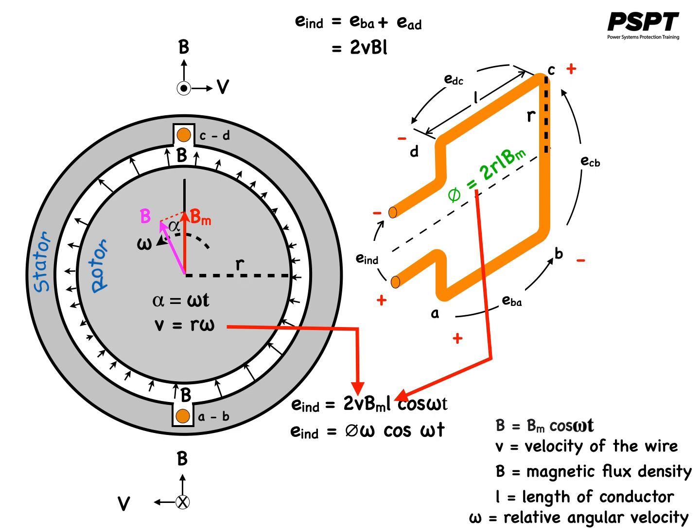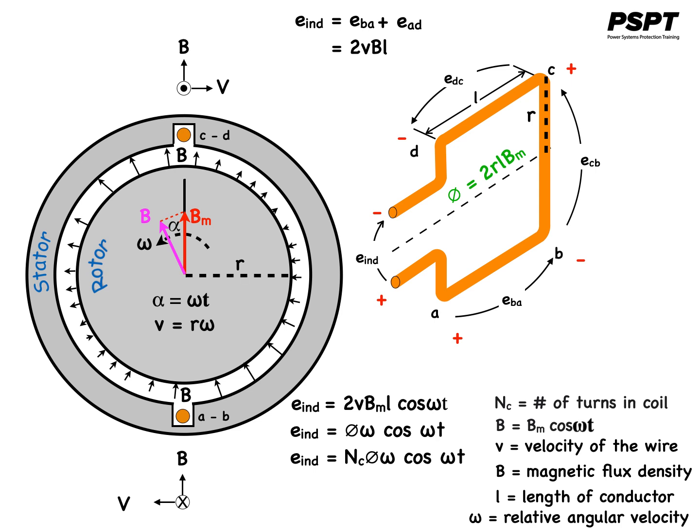While this equation describes the voltage induced in a single turn coil, if the coil in the stator has N subscript C, or NC, turns of wire, then the total induced voltage of the coil would be given by this equation, which introduces the number of turns into the equation as well.